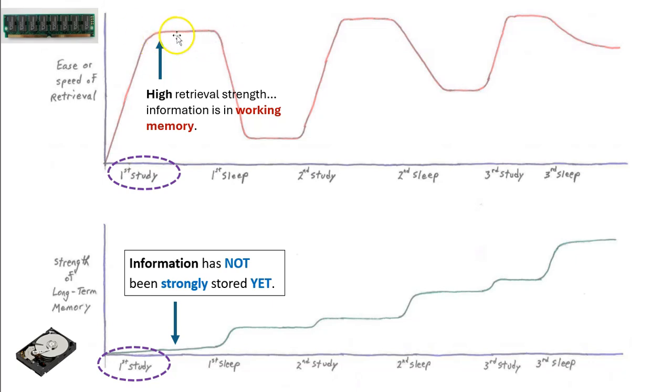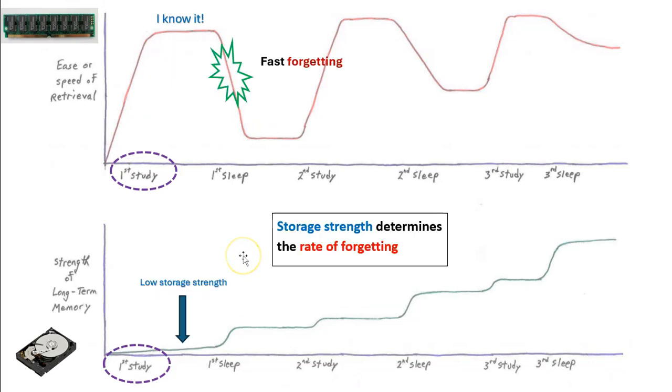Right now, during the study session, we're simply enjoying high retrieval strength because the information is in the working memory system, the short-term memory system, which gives us high retrieval strength. Now, here's a key relationship that psychologists argue for, that storage strength determines the rate of forgetting. So because we have low storage strength during this first study session, it means we're going to have fast forgetting.